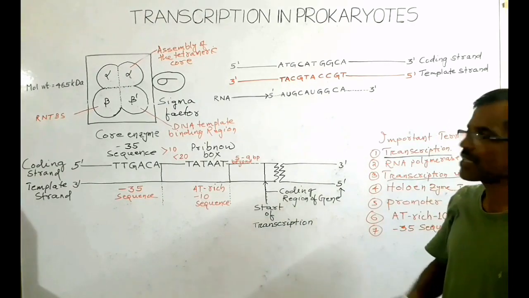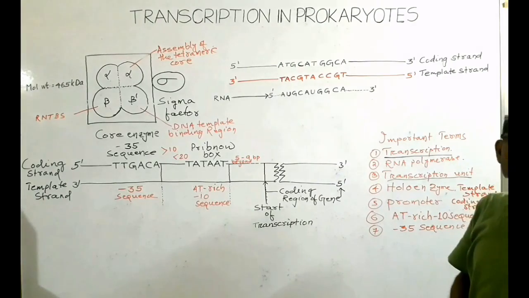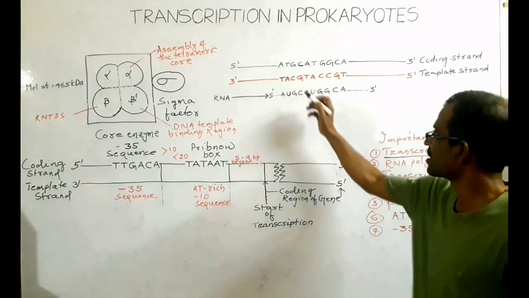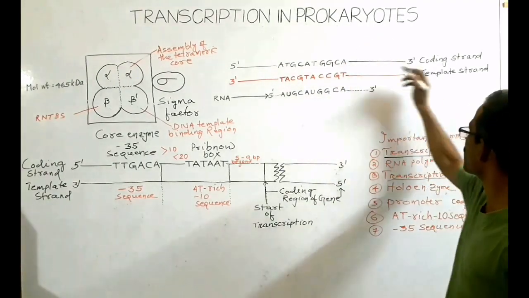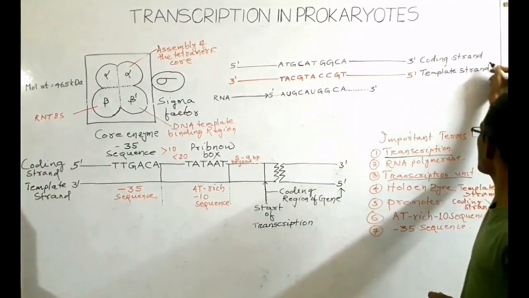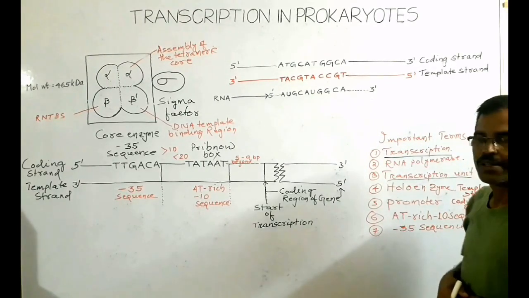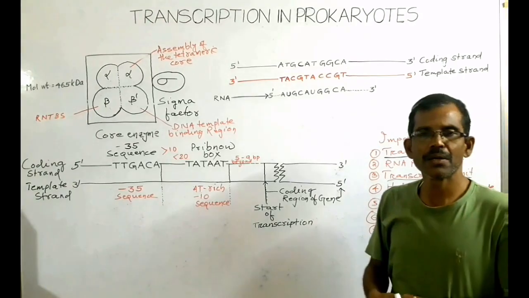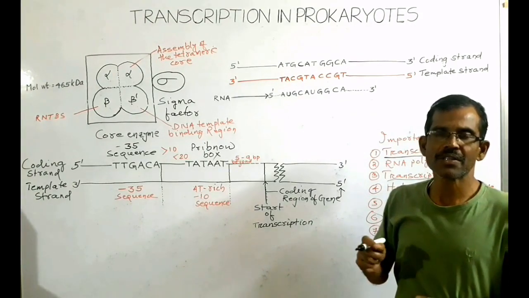The base sequence of the growing RNA chain is determined by the sequence of this template strand. The remaining strand is known as the coding strand, sense strand, or non-template strand. So in a double-stranded DNA molecule, only one strand serves as the template strand.